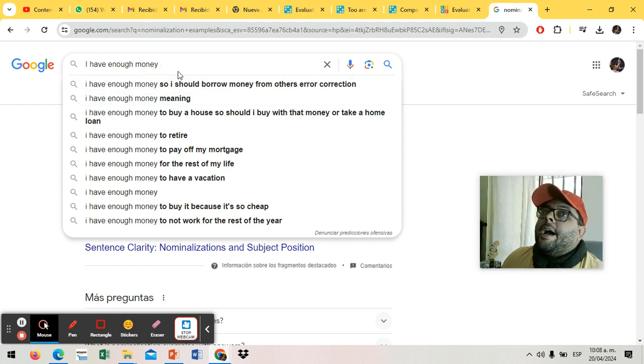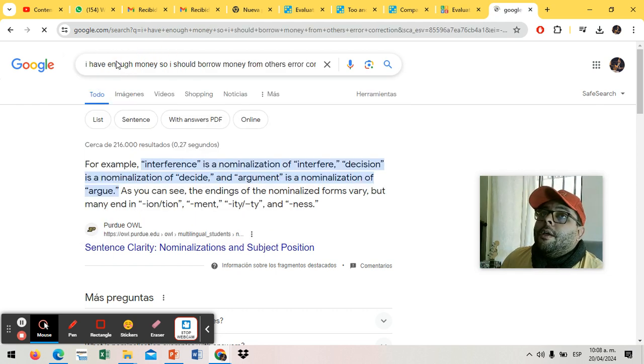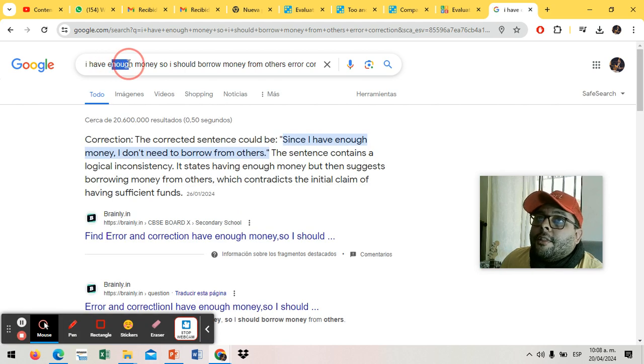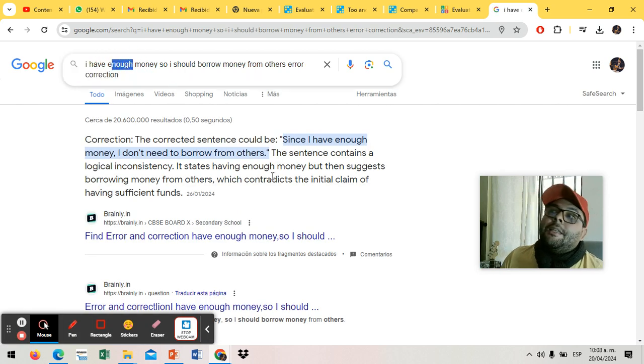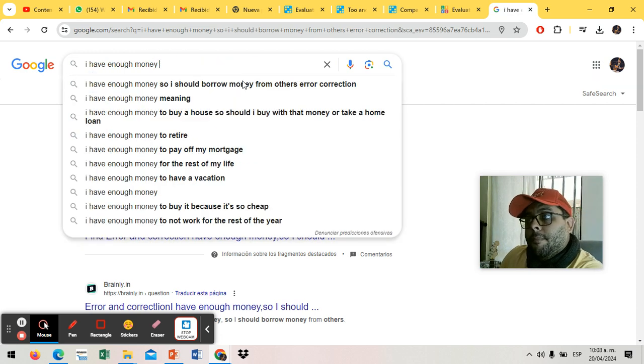So I can say I have enough money. And you know, the enough goes before money. So it is different. Remember that the first example that I gave you was I am rich enough, and rich was before the enough, but then we have enough before the noun, which is money.